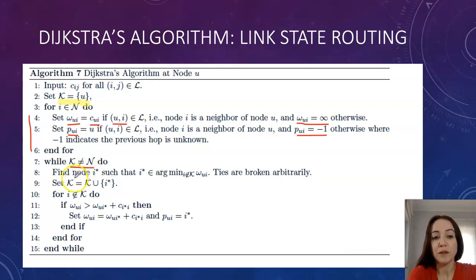Now, the first thing to do in every iteration is to find a node I star in the current set of nodes that have not been included in kappa yet, such that this node currently has the minimum cost to node U. So among the nodes that are outside of kappa, the algorithm picks one that has the minimum distance to U, where ties are broken arbitrarily, meaning select just one of those minimum distance nodes. And then include this node I star in kappa.